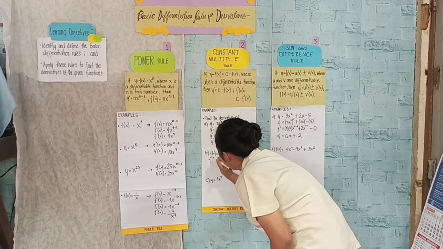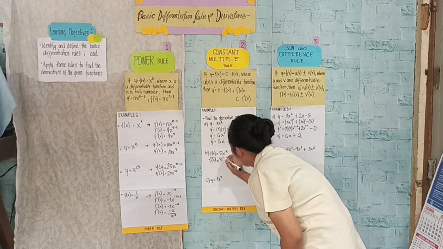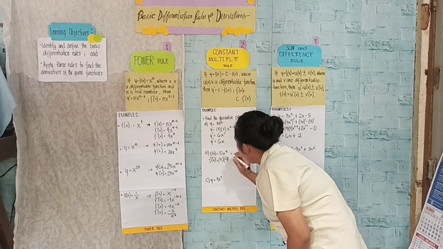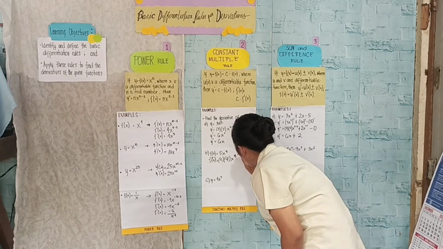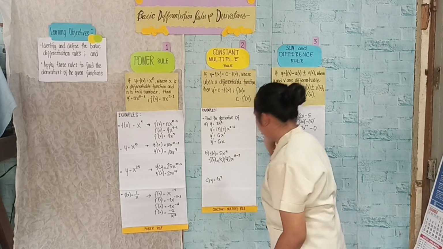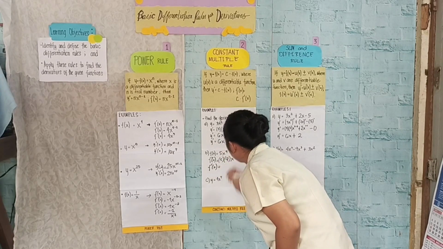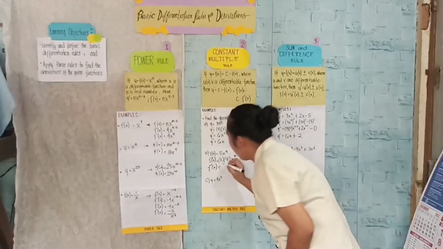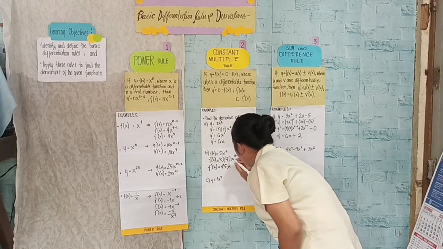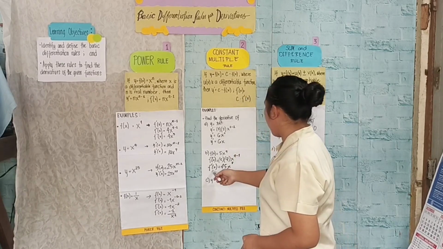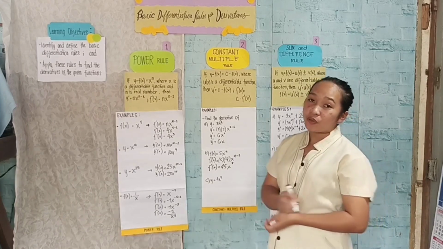So, f prime of x is equal to 5 multiplied by our exponent, which is 9, and x raised to the power of 9 minus 1. Then f prime of x is equal to 9 times 5, which is 45x to the 9 minus 1, which is 8. So this will be our first derivative of the function f of x is equal to 5x raised to the power of 9.